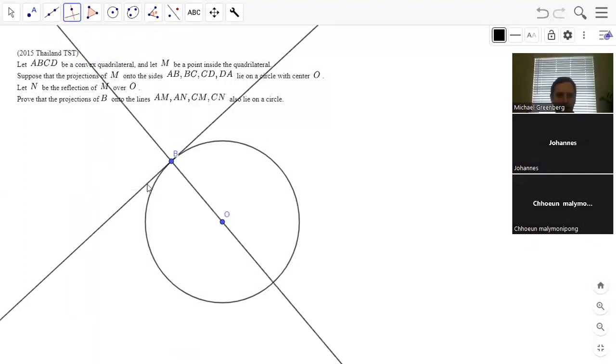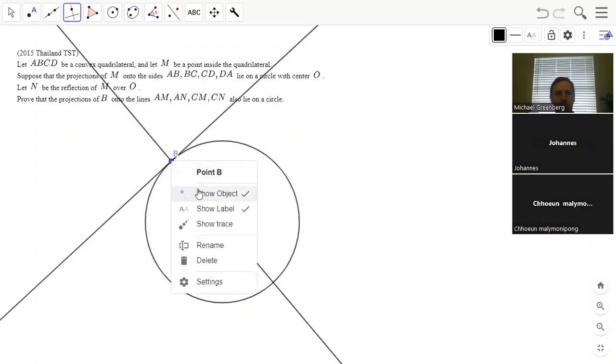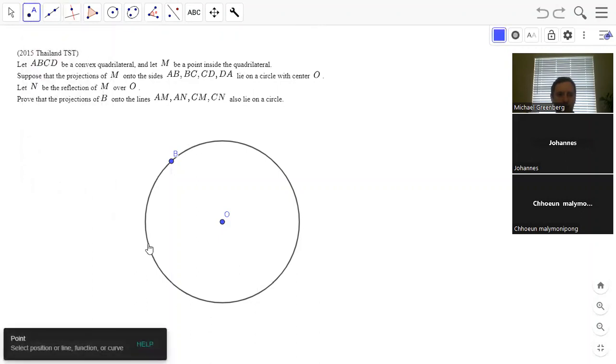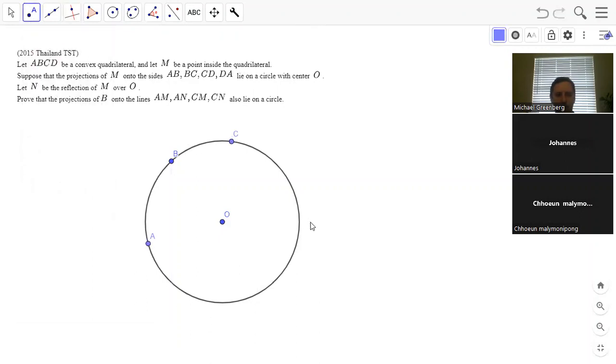No, I don't think it has to be a tangent. The way I just drew it is a circle and then 4 points on the circle, a random point in the interior, and then draw all the connections to point M and just the perpendiculars to those lines to A, B, C, D.